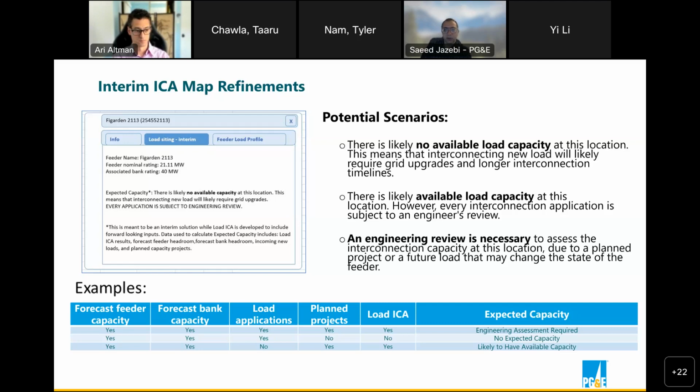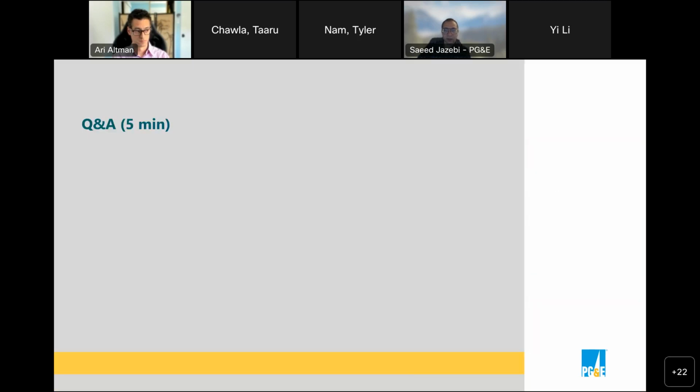And there are planned projects on this feeder, and there is some available capacity shown on the ICA map for this specific line section. So the result will be likely to have available capacity for this specific situation. So that is the interim plan for our ICA maps. We can open it up for Q&A.